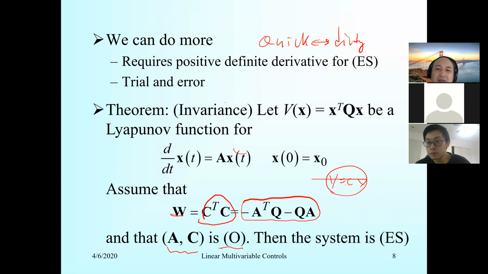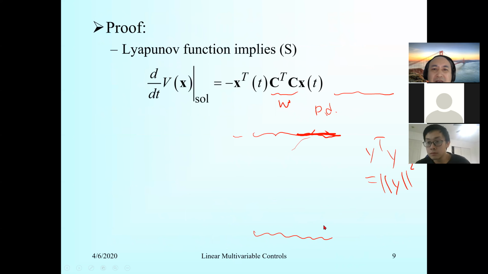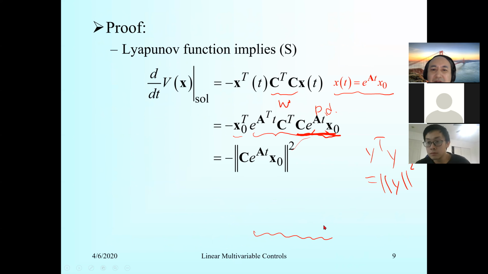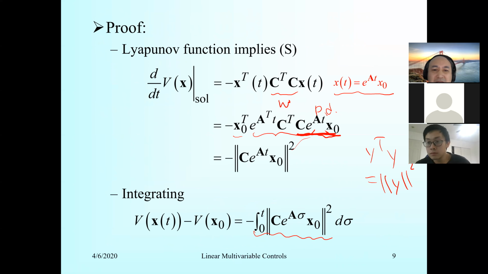Then if (A, C) is an observable pair, the system is exponentially stable. We went through the proof, so let's quickly go through that.